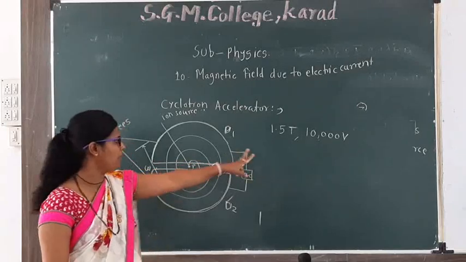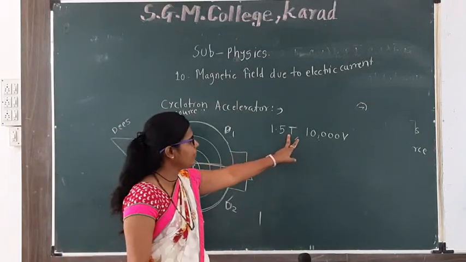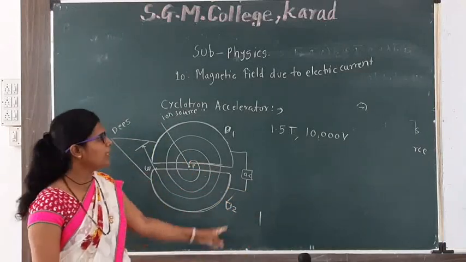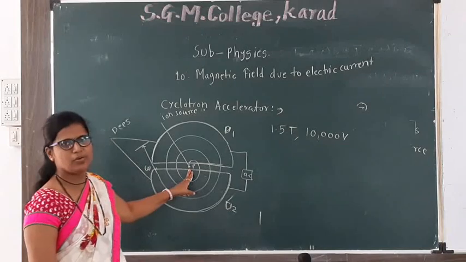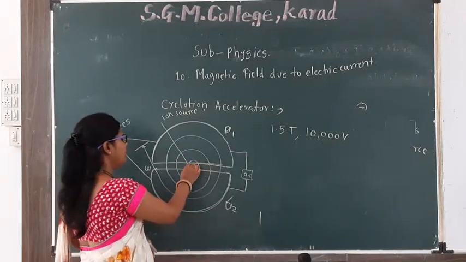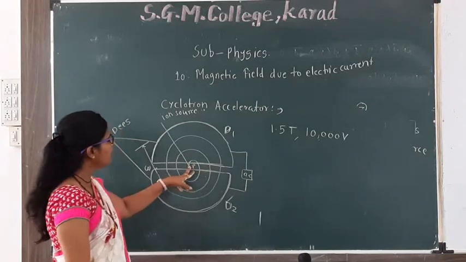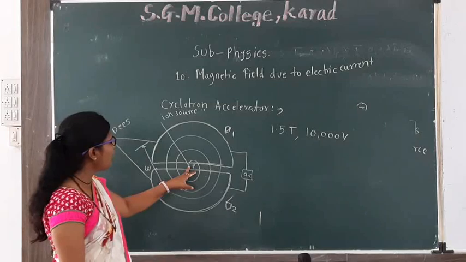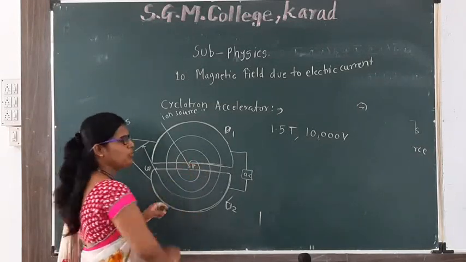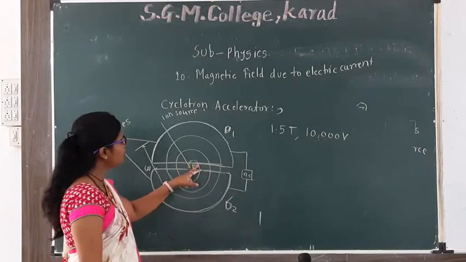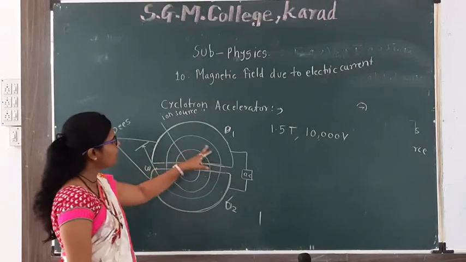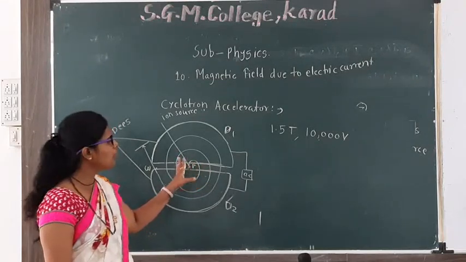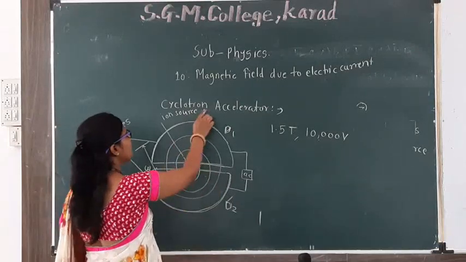The electric field and magnetic field are perpendicular to each other in the cyclotron. The positive ion is placed between the two Ds, and is accelerated due to the electric field. That is the construction of the cyclotron accelerator.